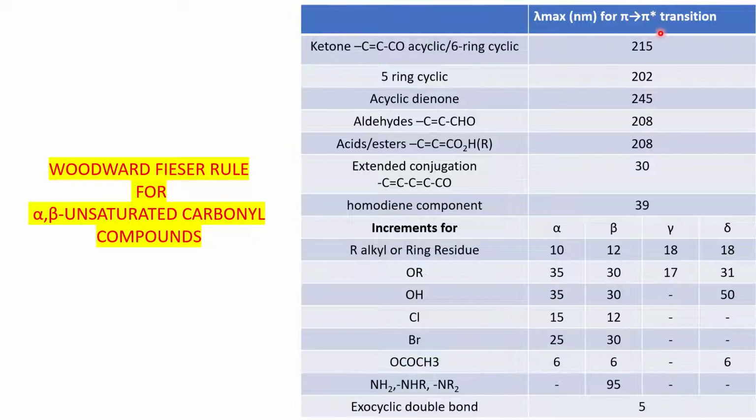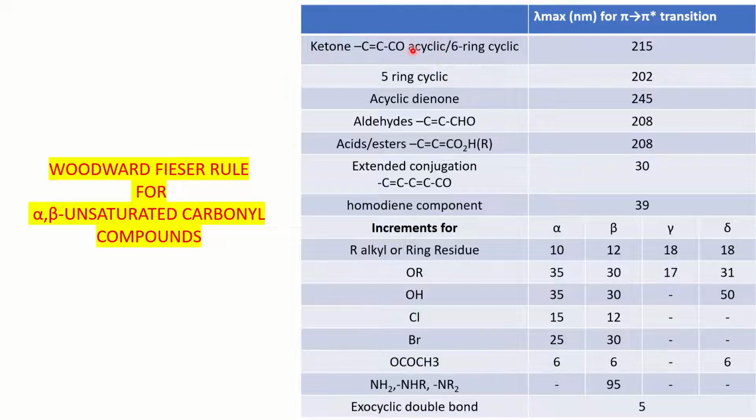So we are focusing only on the strong intense peak, that is pi to pi star, because it is a symmetrically allowed transition. What do you mean by that? Pi and pi star are both the same kind of orbitals. n means heteroatom, a different orbital from pi, so that is called forbidden. But since here it is pi to pi star, it is an allowed transition, and the intensity of the peak will be strong here.